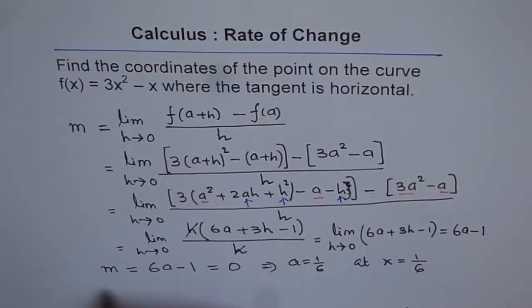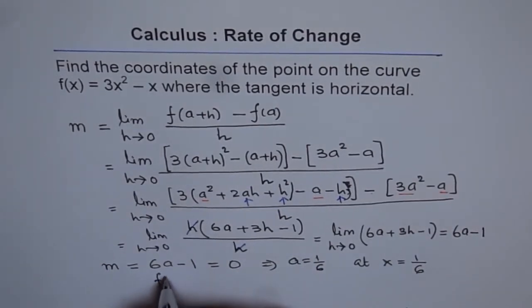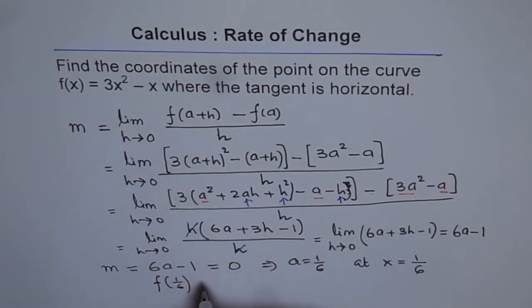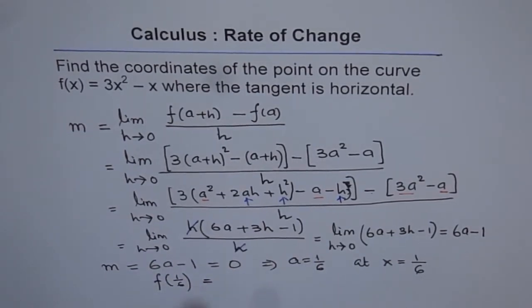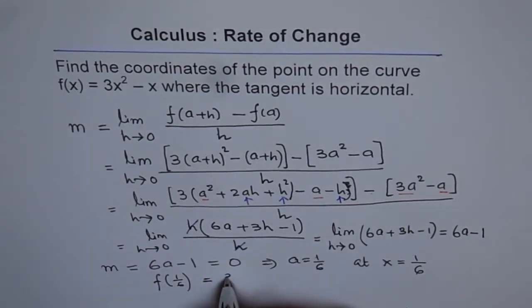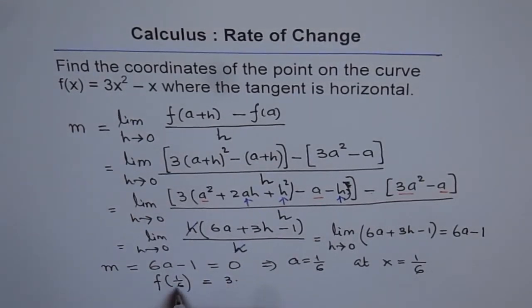To get the y value, we will find f of 1 over 6. So the y value here is equal to, we'll plug in 1 over 6 in our equation. 3 times x squared means 1 over 6 squared.